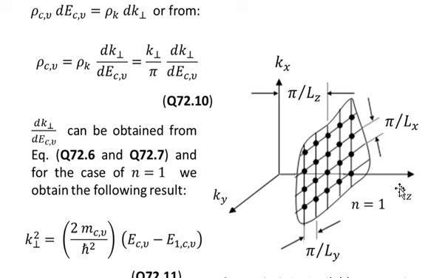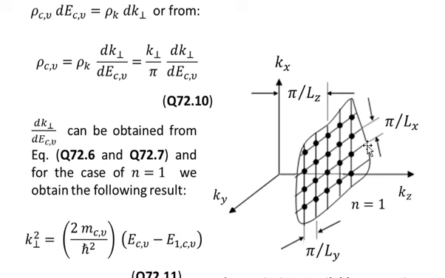You see that we have three axes in the k domain: kx, ky and kz, and this plane is existing at a distance pi over lz along the kz axis. And this kz axis is now a plane. At a plane, we have n is equal to 1, and this plane is actually the plane determined by the kx and ky coordinates.